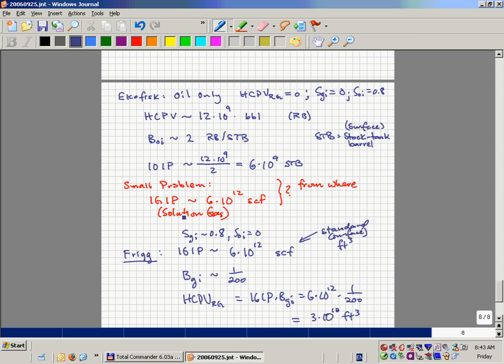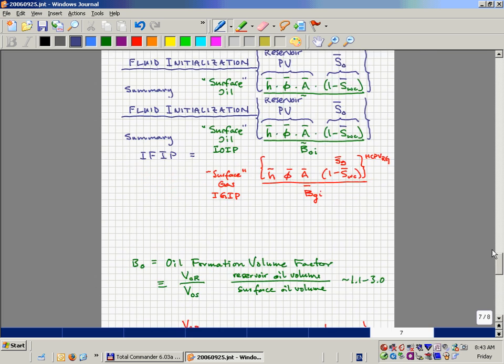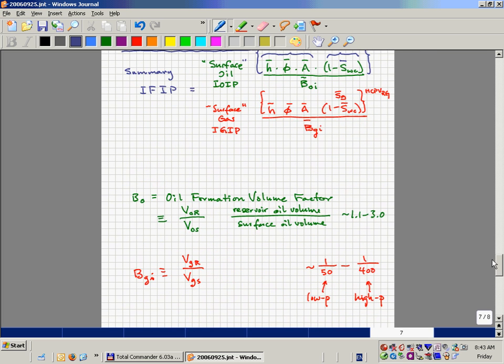So we need an additional term for our initial gas in place, right? This is only one part of it. This term only represents the so-called free gas in place.